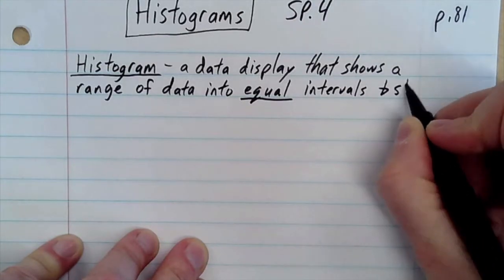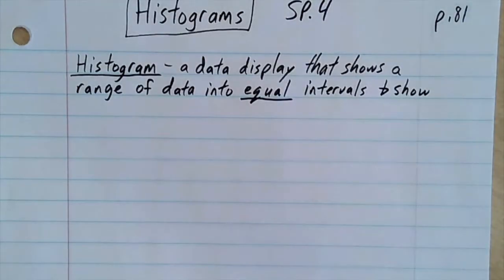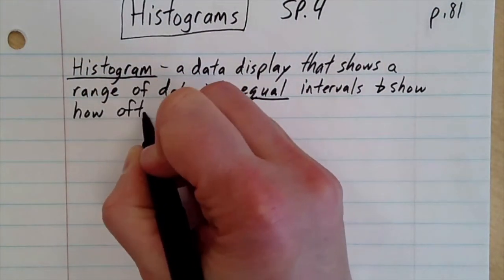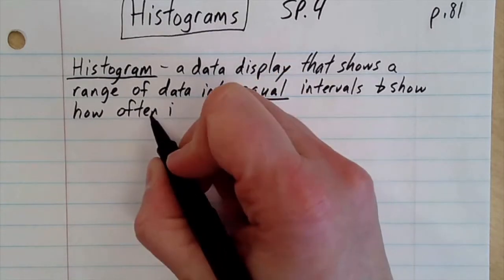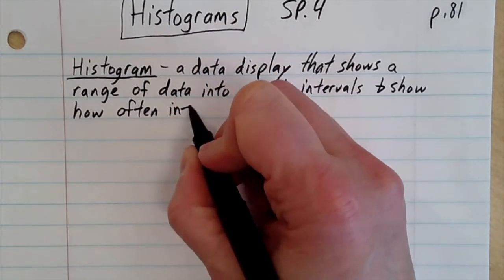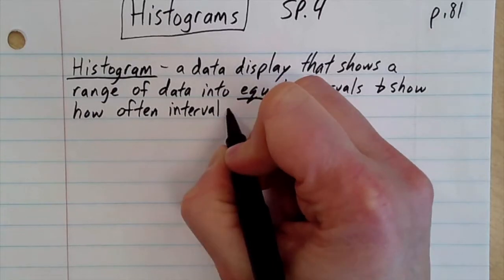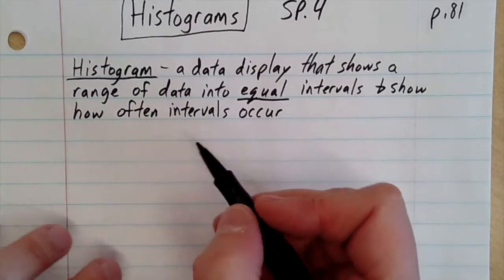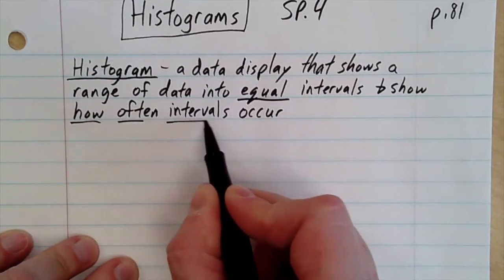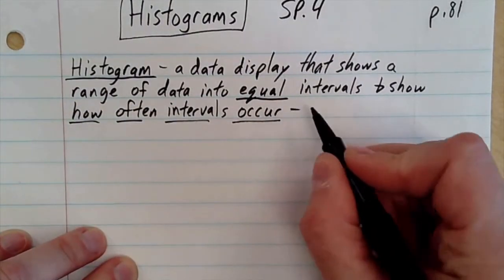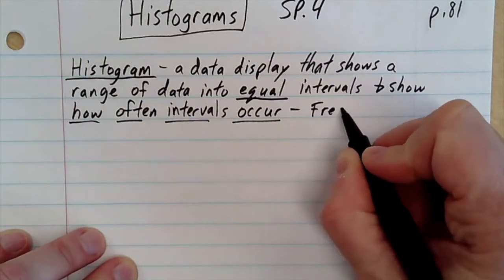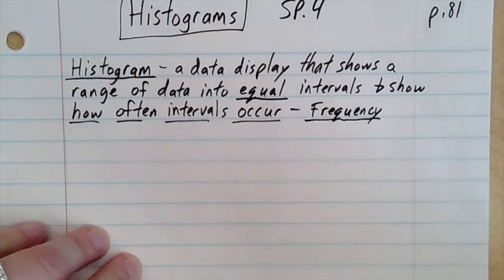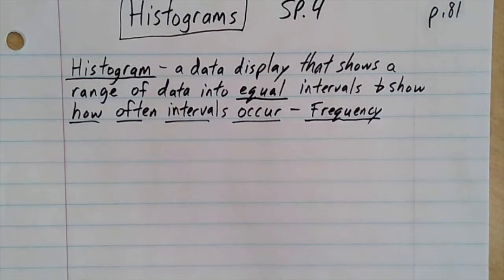And it's going to show how often those intervals occur. So when we talk about how often the intervals occur, that's another word, frequency. How often is how frequently they occur. We call that frequency. So there's a couple terms here, so I'm going to change colors as you're writing that.